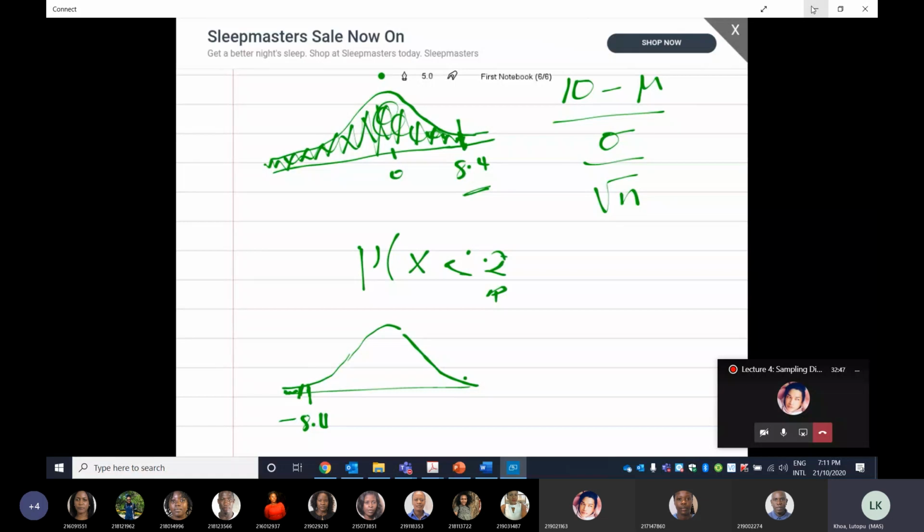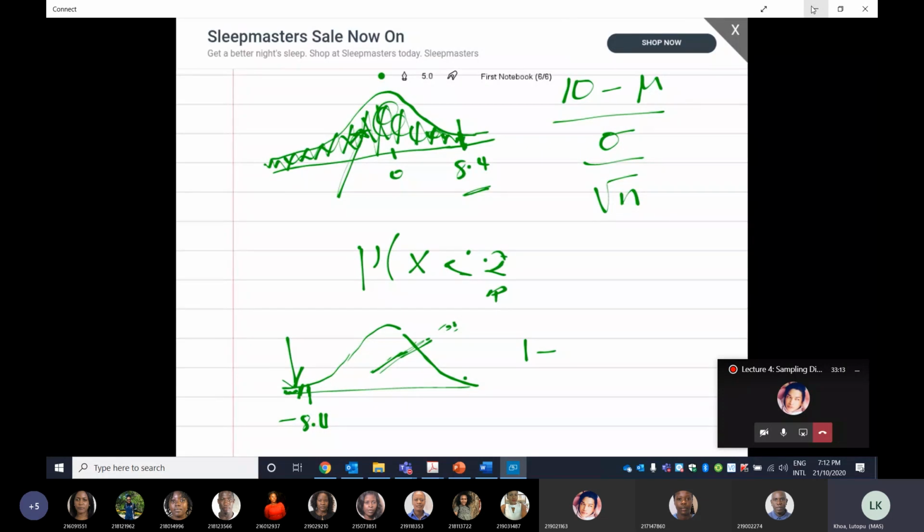So what we can do is read the value for negative 8.4 and then subtract it from 1. So you can say 1 minus whatever area we get over here. This will give us this area here, and this area here is exactly equal to that area over there because of the symmetry of the normal curve.